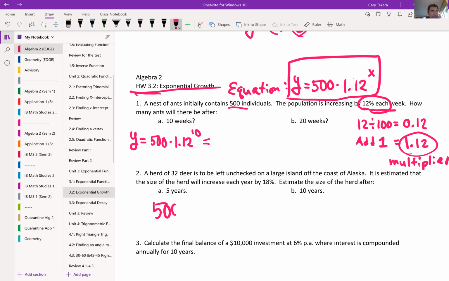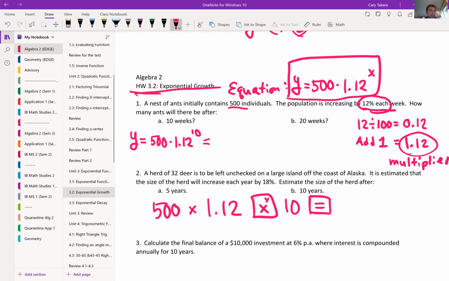You type exactly, you see it, 500 times 1.12, and then the x to the y button, to the 10th power, and then equal. Why don't you try that?